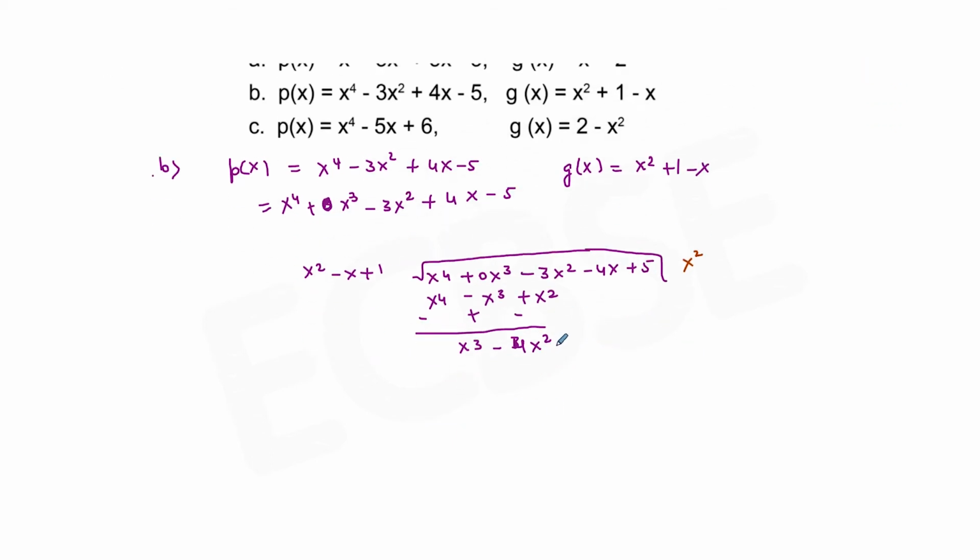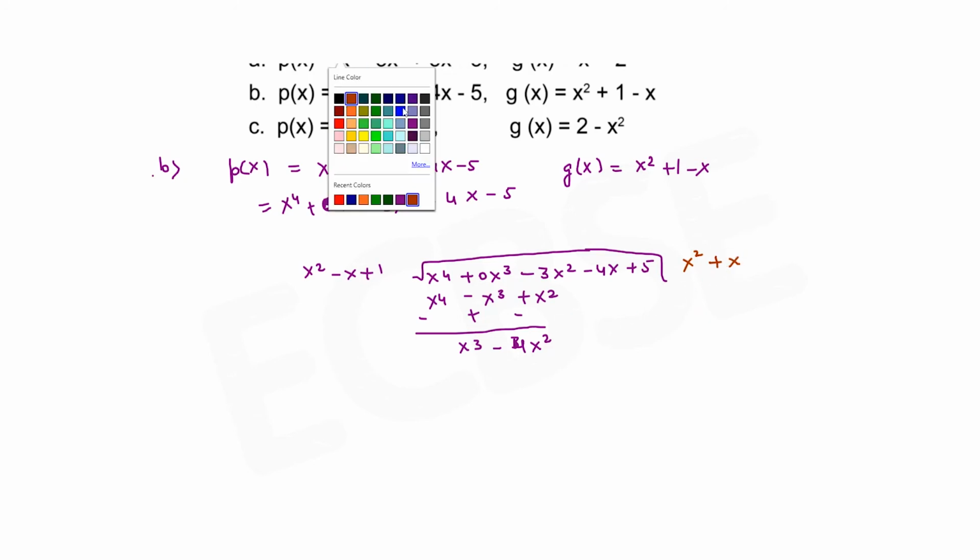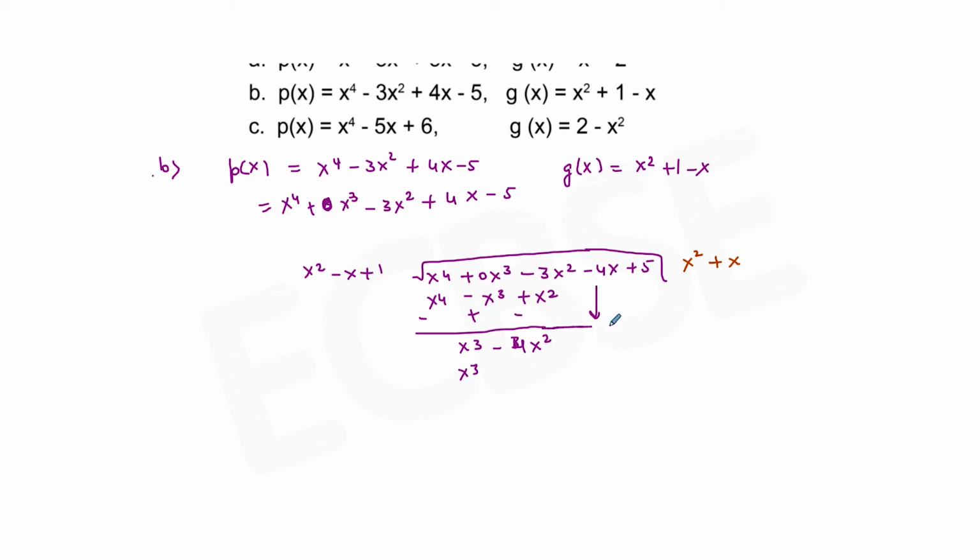Okay, and then again dividing the first term of the dividend with the first term of the divisor, the term we will obtain is plus x. Then multiplying it with the divisor, here the term will be dropped down in the next step.